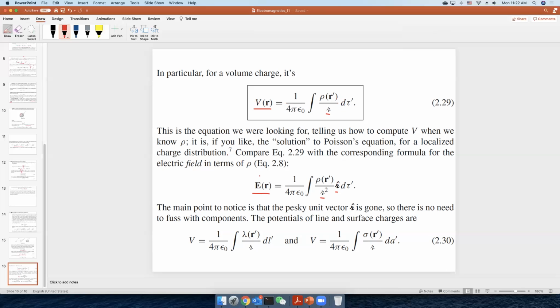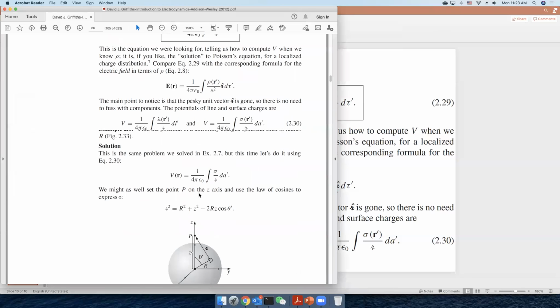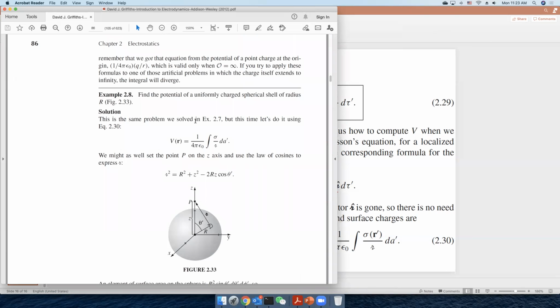Okay, so that's all for today. We have introduced the electric potential and also a little bit about the curl of the electric field at the beginning of the class. Please read the textbook by yourself and solve the problem of example 2.8.